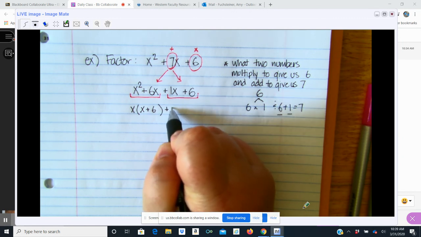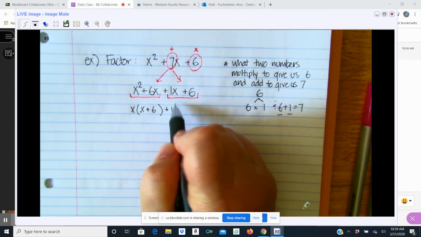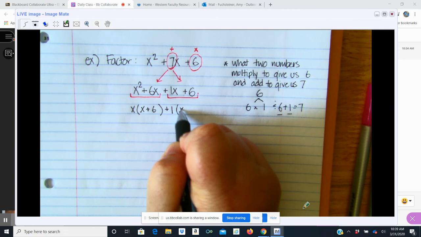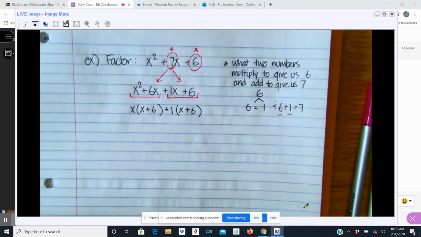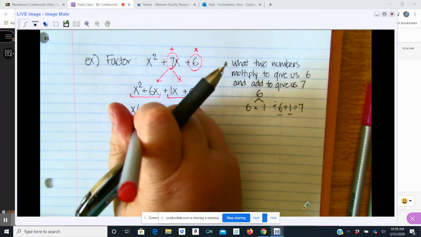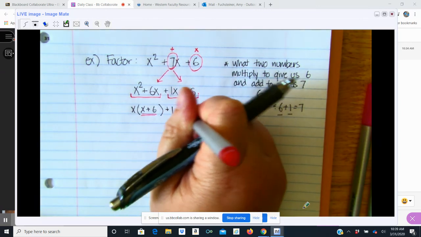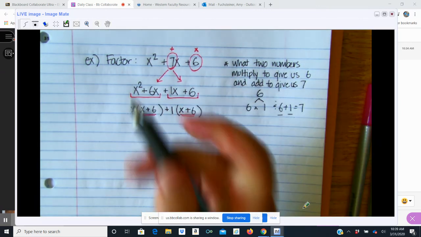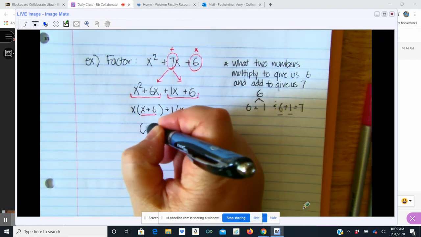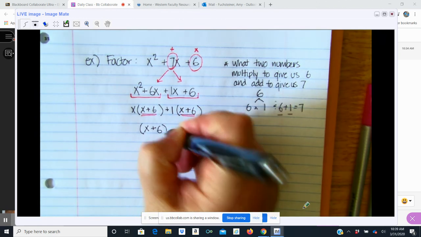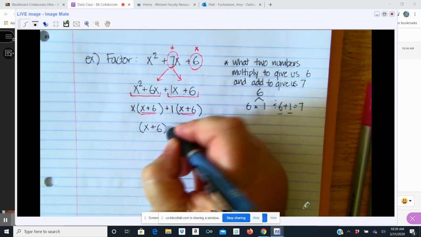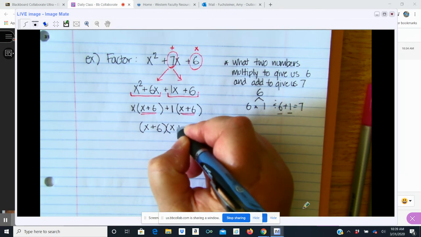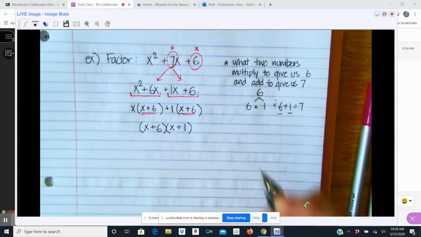So I'm going to pull out just a 1. And that's going to leave me with x plus 6. Now I have x plus 6 in both. And as I said yesterday, I pull that out front, leaving me an x plus 1 as my second factor.